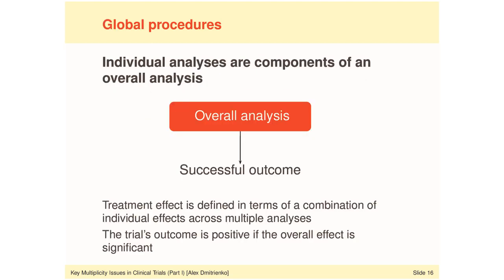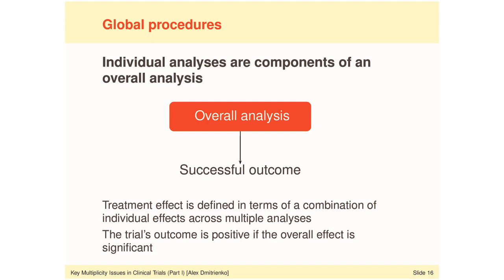We're now done with the second set of inferential goals with intersection union problems, and we're ready to move on to the last inferential goal. In this last setting, individual analyses or individual objectives in a clinical trial with multiple objectives are components of an overall analysis.